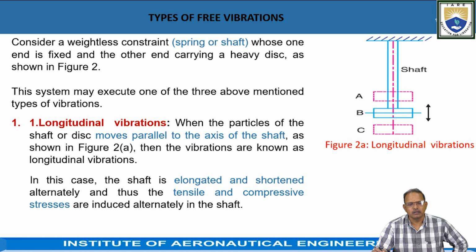These vibrations are called natural or free vibrations. The vibrations take place along the length of the shaft. That is, the length of the shaft increases as well as decreases for every oscillation. Hence, compressive as well as tensile stresses are induced in the shaft.